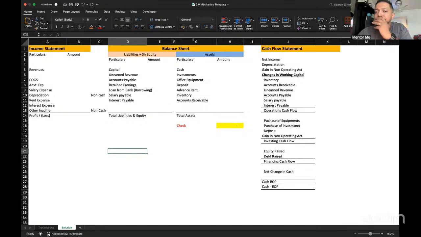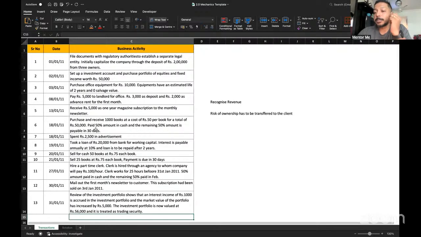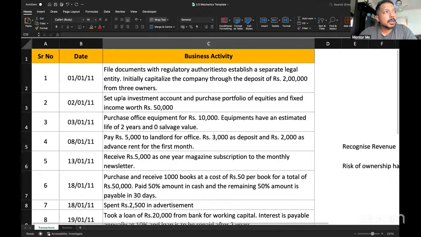Okay. So we're going to make the income statement, balance sheet, and cash flow, obviously on a very small scale. But after each transaction, manually, the balance sheet has to tally. That is the target. So let's look at this as an example.